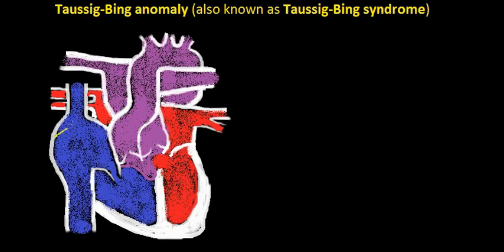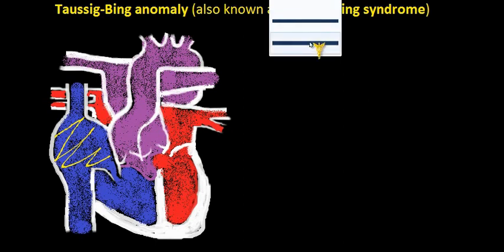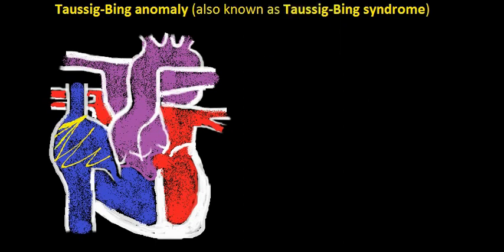Over here is the right atrium, with the superior vena cava here, the inferior vena cava, and here the right ventricle.